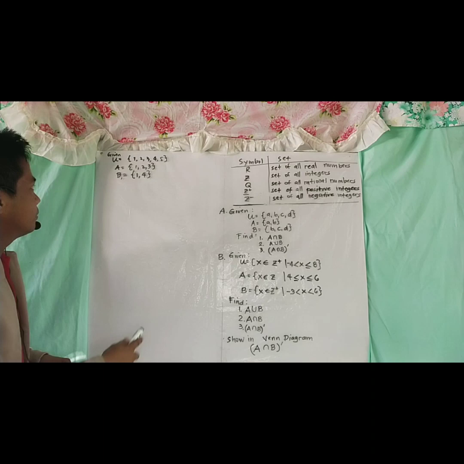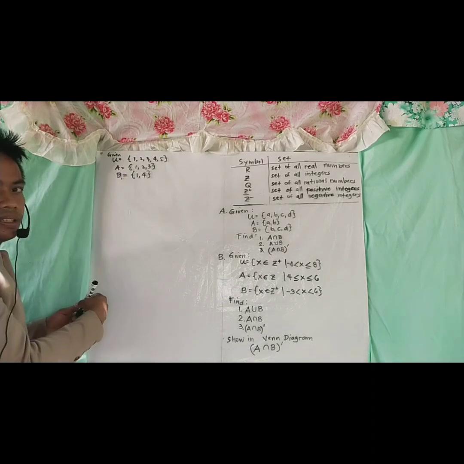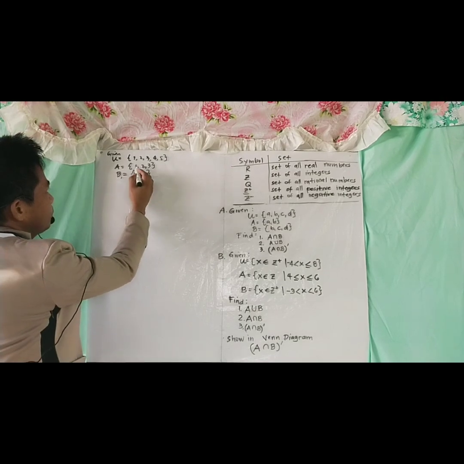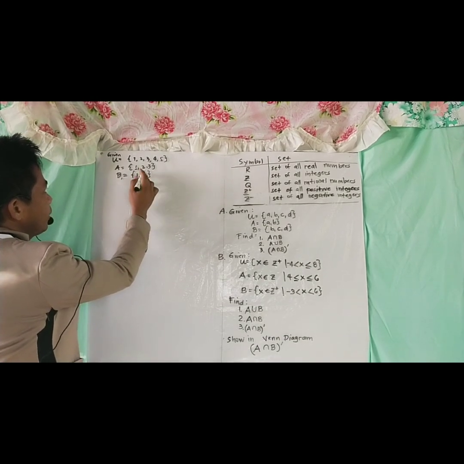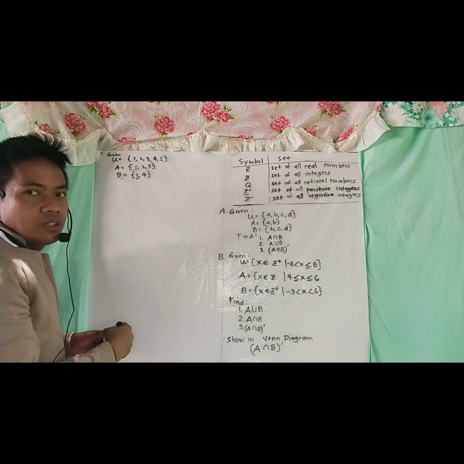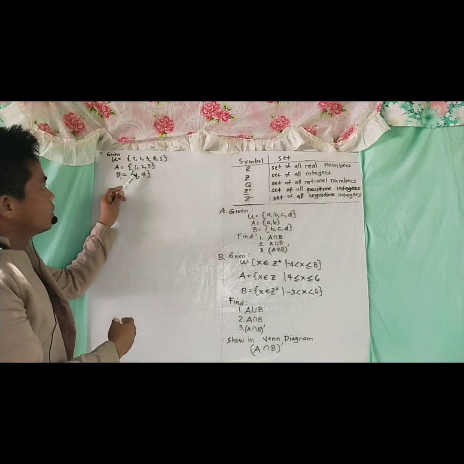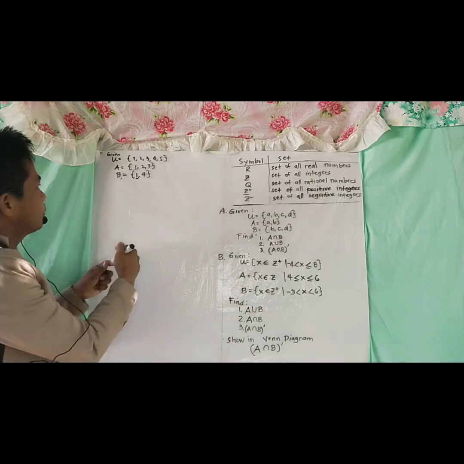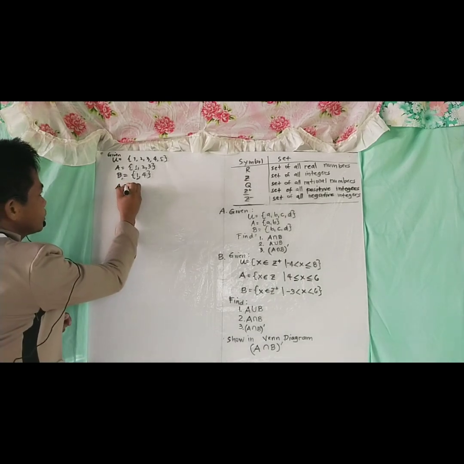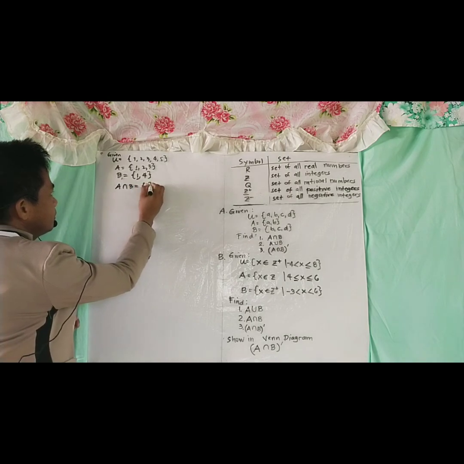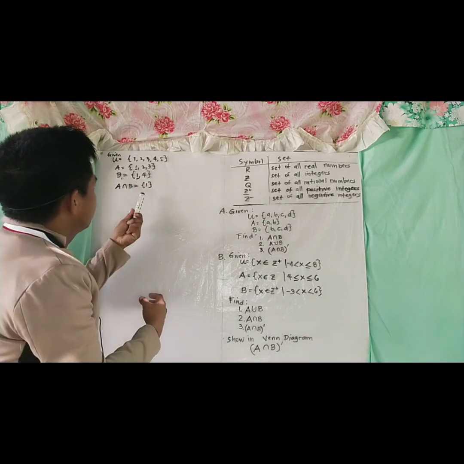For example, we have set A and set B. The common member of these sets is what? We have 1 is common. Only 1 is common to both sets. 1 is a member of A, and at the same time it is also a member of set B. So therefore, A intersection B has 1 as the only element.